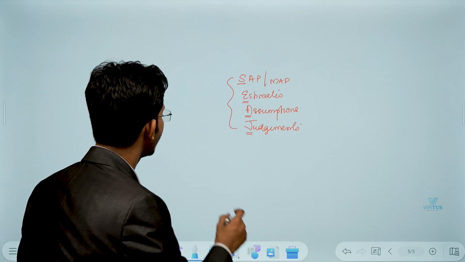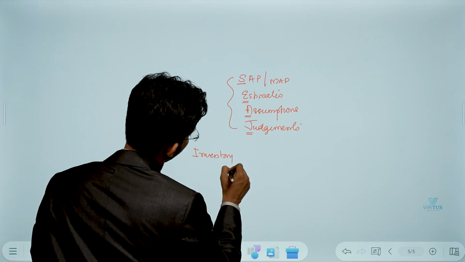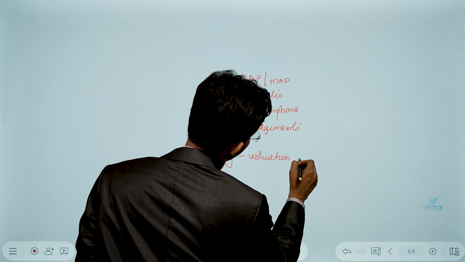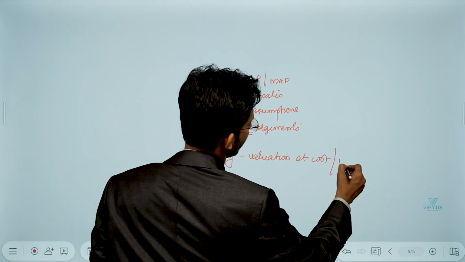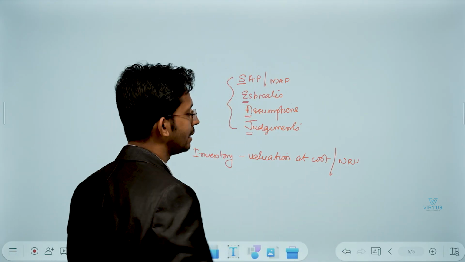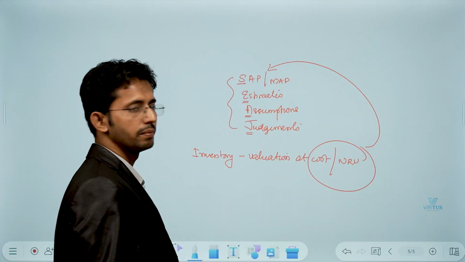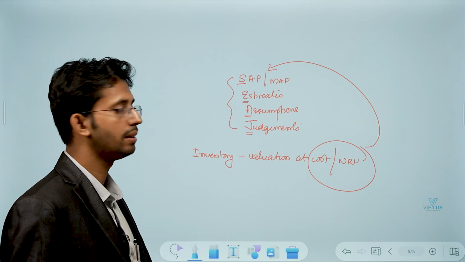If I give an example, let us take the item inventory. We say valuation of inventory at cost or NRV, whichever is lower. This is nothing but an accounting policy. Now, what is an accounting estimate in inventory?